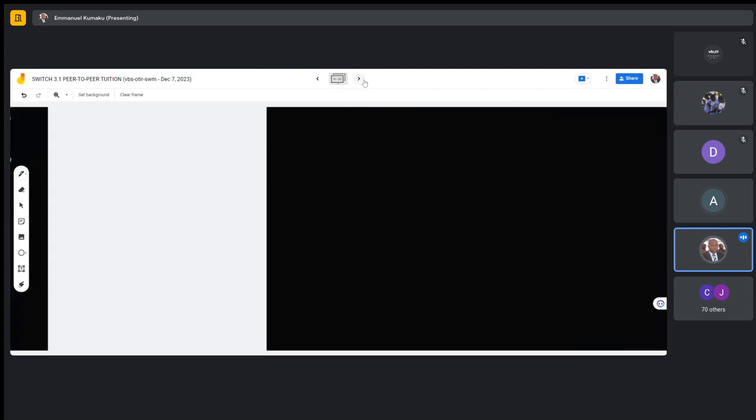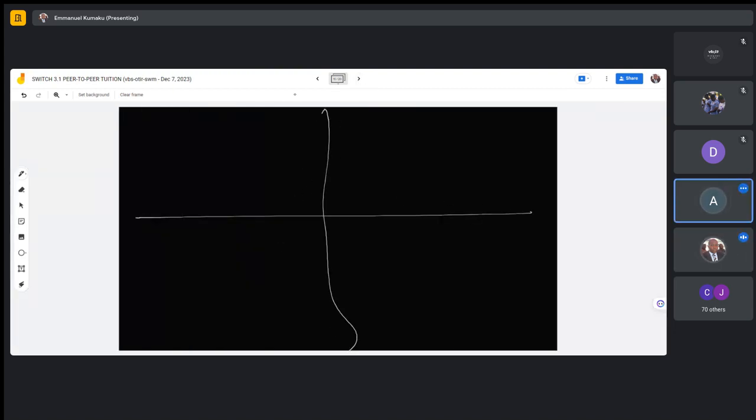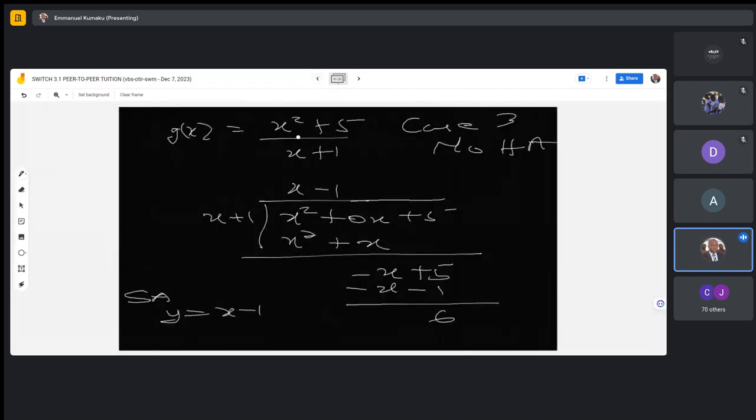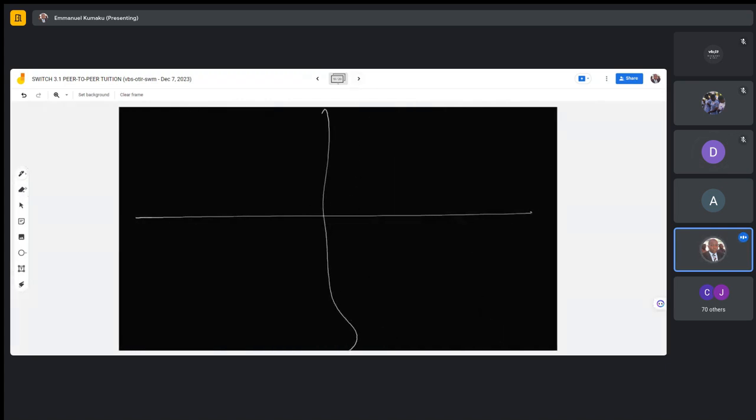So after drawing, let's go back to that question. Here the vertical asymptote will be negative 1. So you draw your negative 1. Let me use a different color so that you can see.